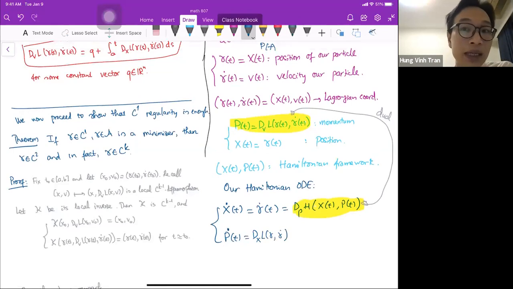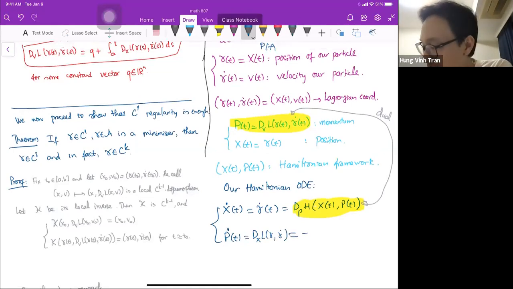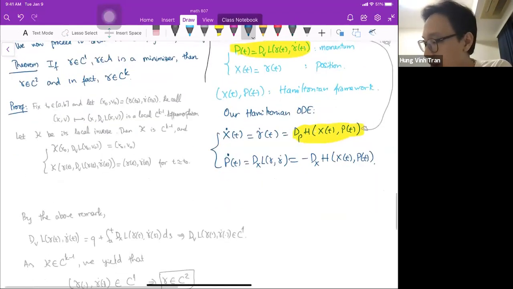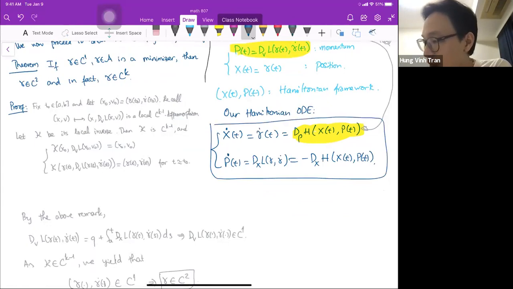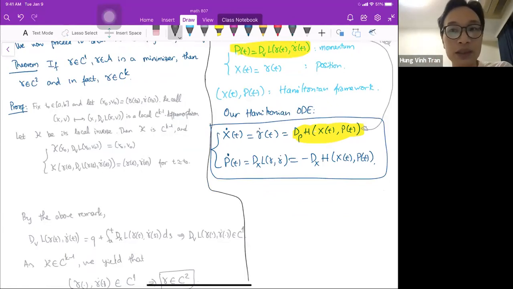But also by the property we proved last time, dx of L is minus dx of H of xt pt. So that leads us to the Hamiltonian system of this form. As I said, we're going to revisit this point many times, and then link it to Hamilton-Jacobi equations through this platform.